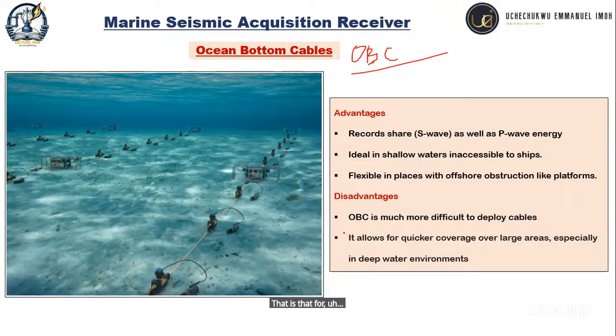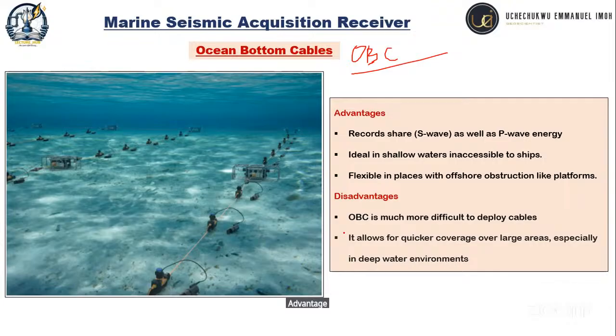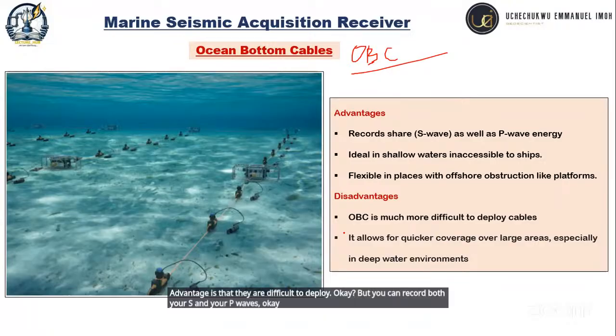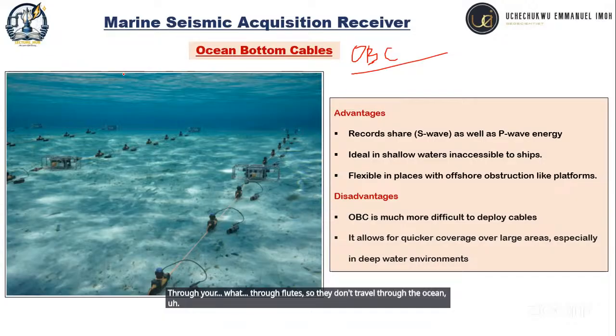We also talked about a few of the advantages and the disadvantages of the ocean bottom cables. The disadvantage is that they are difficult to deploy, okay? But they can record both your S and your P waves, okay? You know that your S waves do not travel through fluids, so they don't travel through the ocean water.